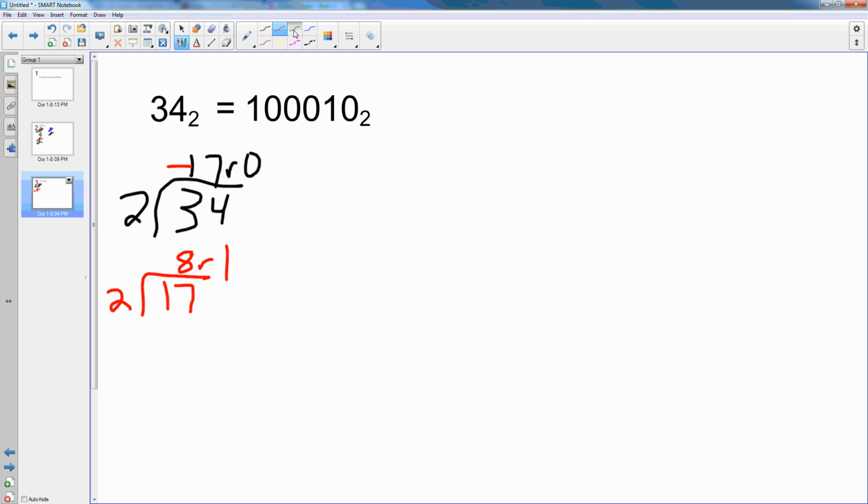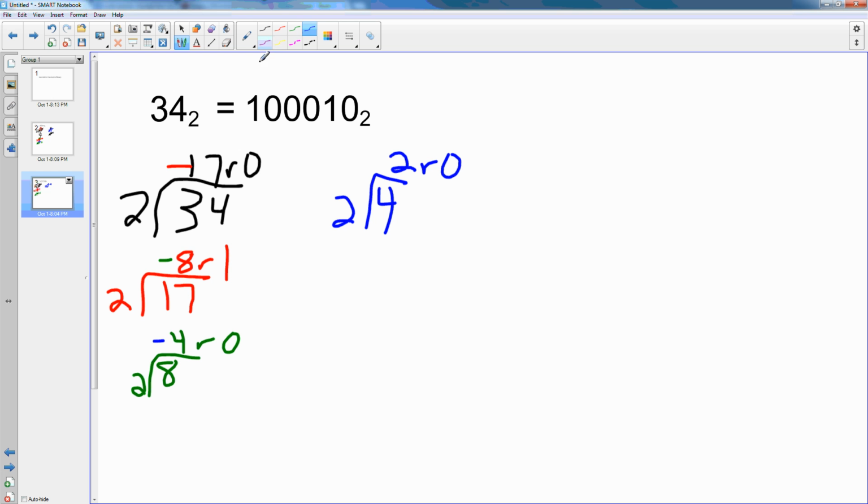So now I'm going to take this 8 right here, move it down, and say 2 goes into 8 4 times with a remainder of 0. Okay, so I'm going to take the 4 right here, I'll do it over here for more room, take 4 divided by 2, so I know that 2 goes into that with a remainder of 0.